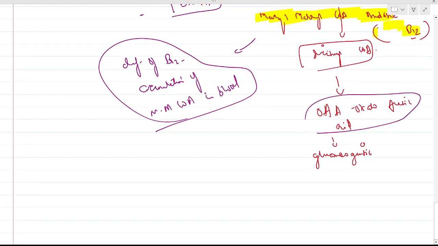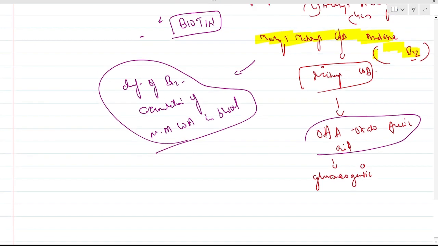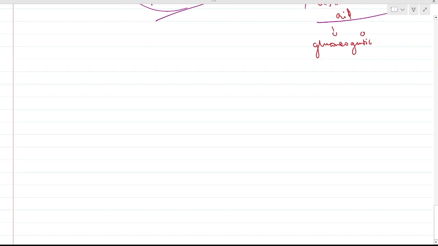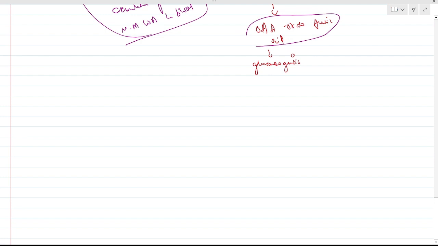Now we have seen all 4 important gluconeogenic substrates entering the gluconeogenic pathway. Let's start with the discussion of the steps of gluconeogenesis.